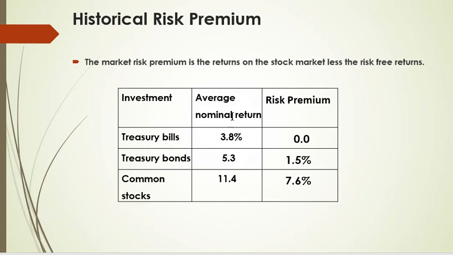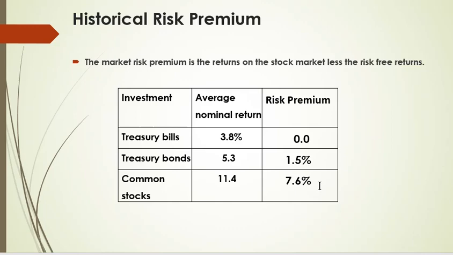So if you look at risk premiums in our textbook, T-bills are 3.8%, so they say the risk premium is 0. Treasury bonds are 5.3. 5.3 minus 3.8 is 1.5. And common stocks 11.4%. The risk premium they're saying is 7.6%.